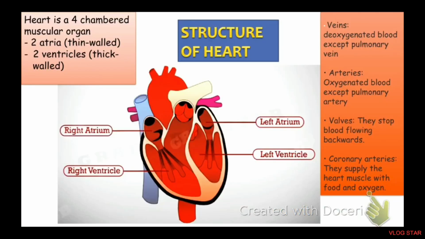Here is the structure of the heart. So you see over here, this is the right atrium, and over at the top somewhere over here, let me change the color. Somewhere over here you might see the pacemaker.